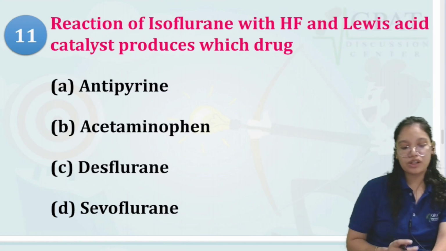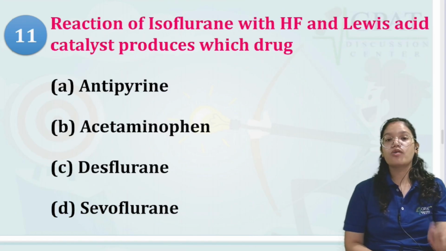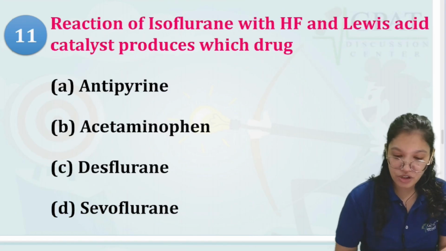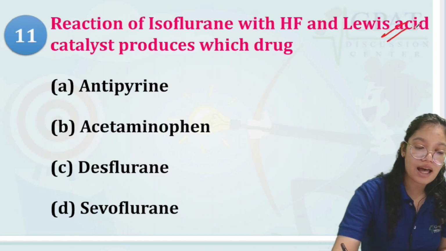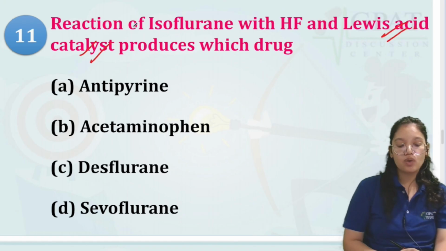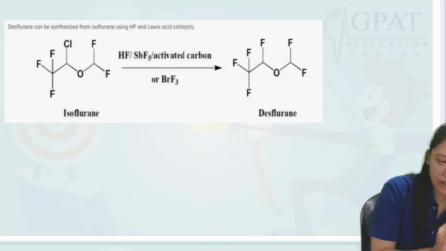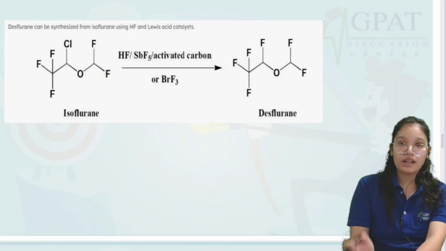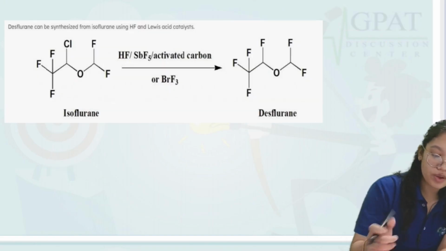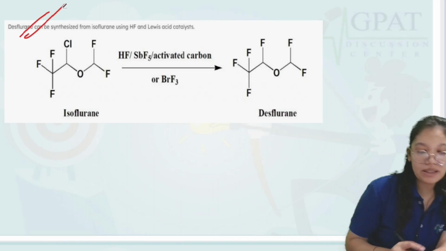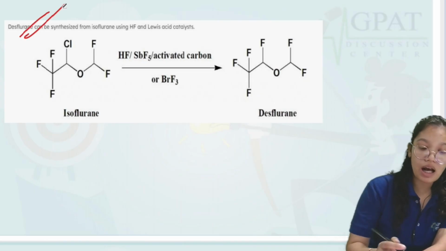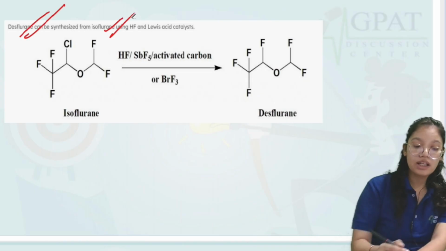Now next question we have: reaction of isoflurane with HF and Lewis acid catalyst produces which drug? Let me show you the reaction. So this is the reaction. Now desflurane can be synthesized from isoflurane.